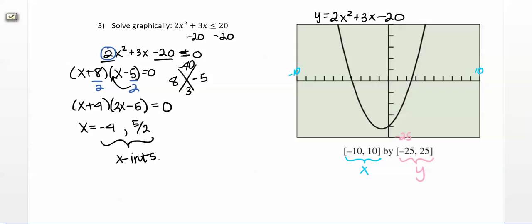These are going by, looks like 5s, and then this is positive 25 up here. Okay, so that's what those numbers mean. And that's in interval notation, right? Okay, so we can see that this point right here is the negative 4 x-intercept, and 5 halves is just 2.5. And you can see that that's right there. So there's 5 halves.